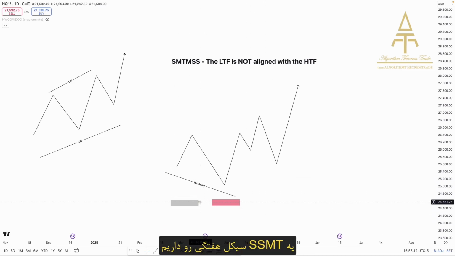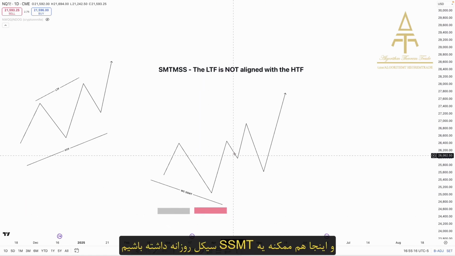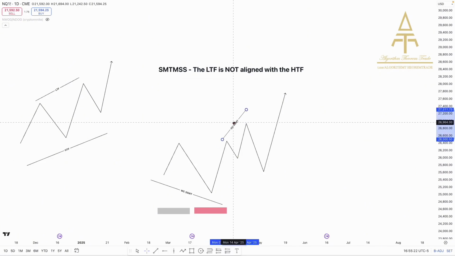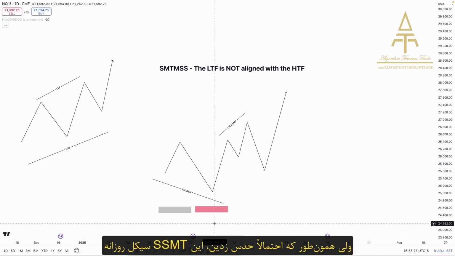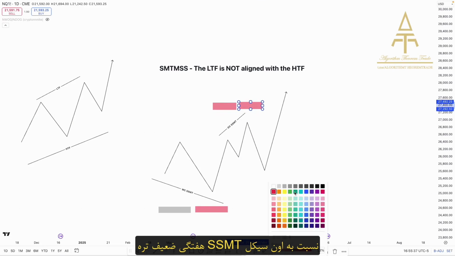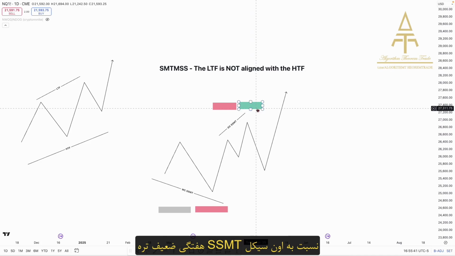We have a weekly cycle sequential SMT. And then here we may have a daily cycle sequential SMT. As you can probably guess, this daily cycle sequential SMT is weaker, you may say, than the weekly cycle sequential SMT.